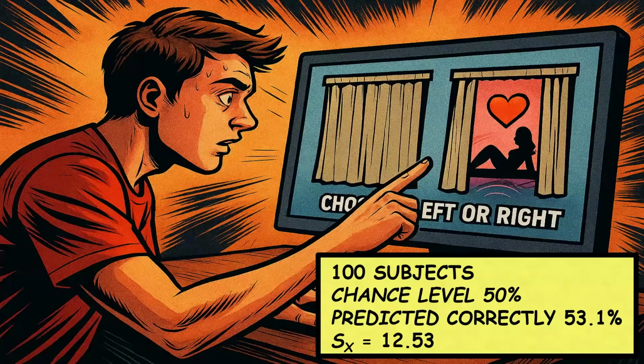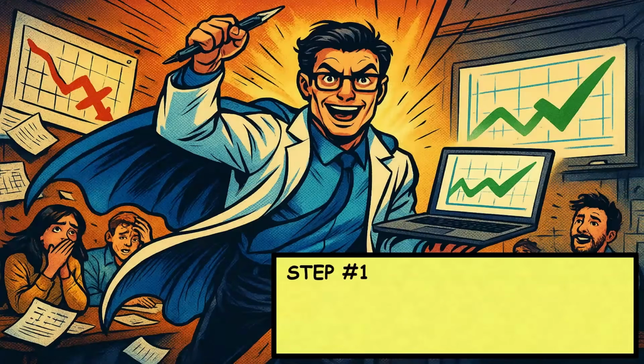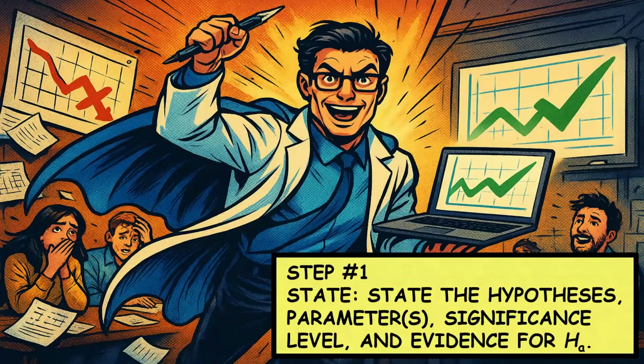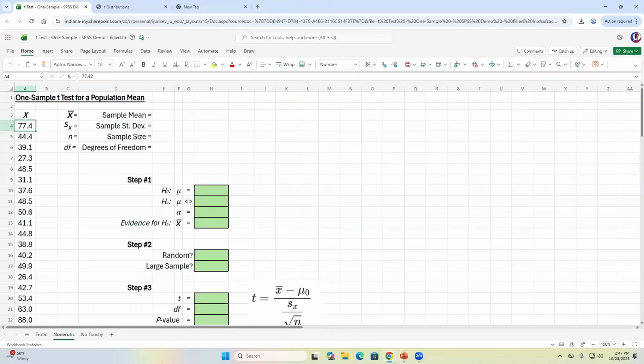For example, one of the first things we need to do is step one, which is to state the hypotheses, identify the parameters, the significance level, and evidence for the alternative hypothesis. SPSS will not do this for you. It will not tell you what your null hypothesis is, what your alternative hypothesis is. So we still need to do those in our study.